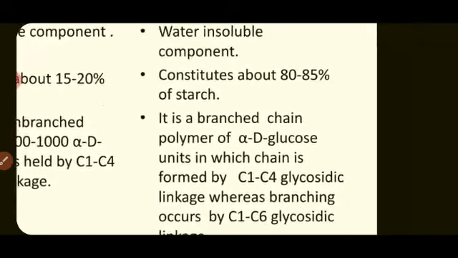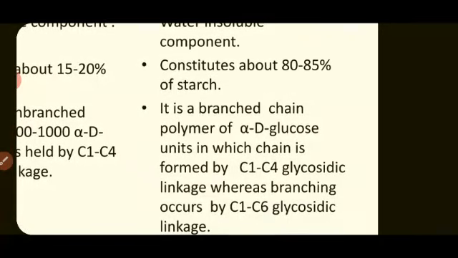What is amylopectin? It is a branched chain polymer of alpha D glucose units in which the chain is formed by C1-C4 glycosidic linkage. Means such a number of alpha D glucose molecules are linked together at C1-C4 position. Whereas branching occurs at C1-C6 glycosidic linkage.